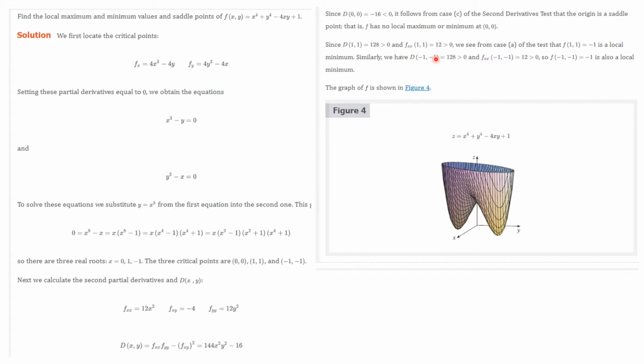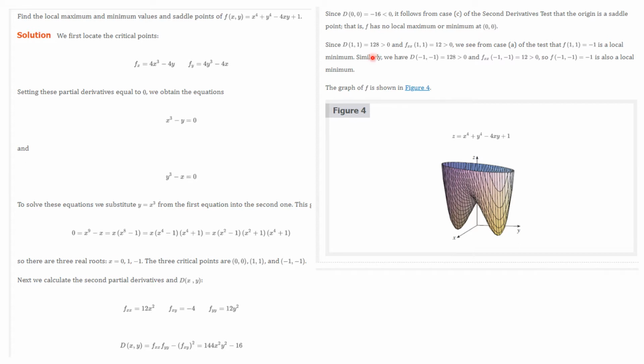So that means I have to evaluate the second derivative with respect to x each time. And so what we find is that this point here is a saddle point at (0, 0).